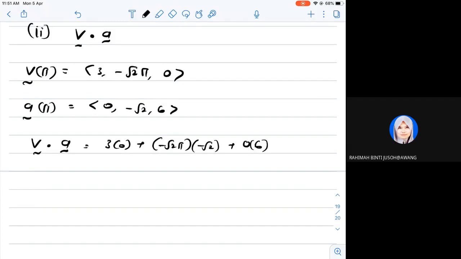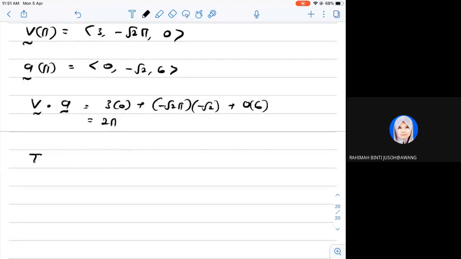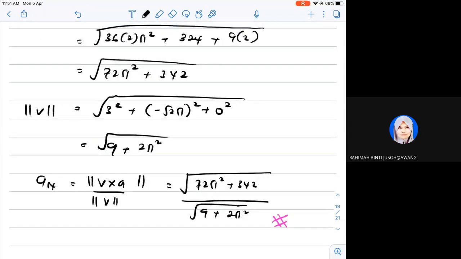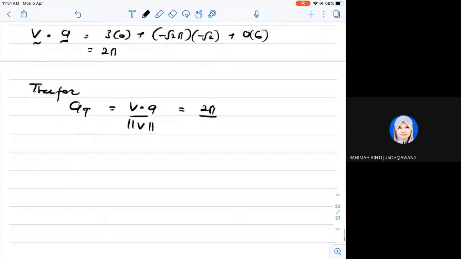So we will have 2 pi. Nice. Therefore, aT equals V dot A divided by the speed. The speed we already have earlier. So 2 pi divided by what was the speed? This one, square root of 9 plus 2 pi squared.